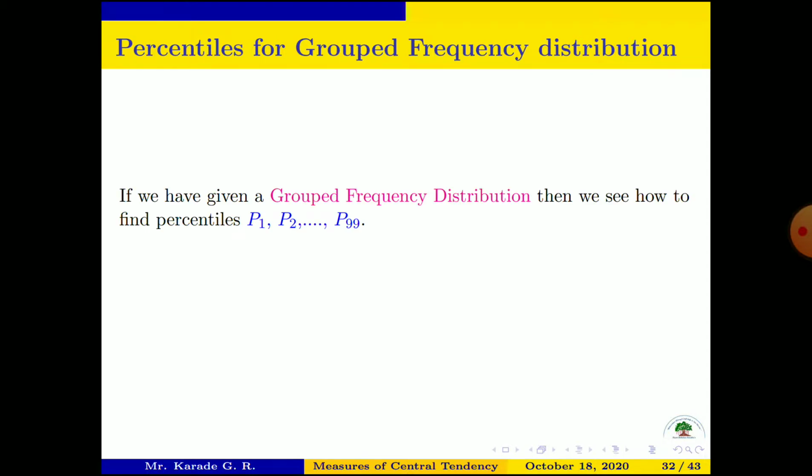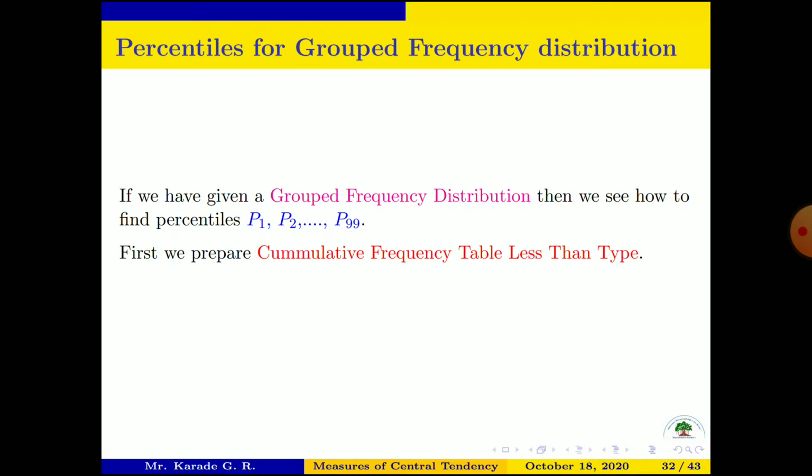Now let us see how to find percentiles for grouped frequency distribution. If we have a given grouped frequency distribution, then we see how to find percentiles P1, P2, ..., P99, means in all we have to find 99 percentiles of the given data.